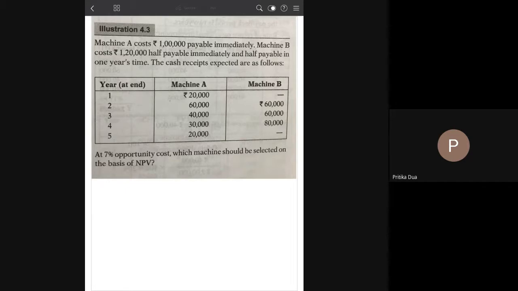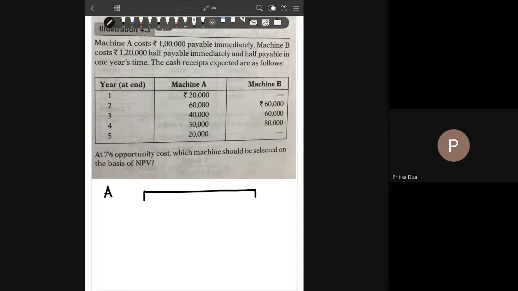So to simplify, let's put both the machines on a timeline. This is 0. So machine A is more of a conventional project with 1 lakh of cash outflow followed by the cash inflows given in the question, 20K, 60K.